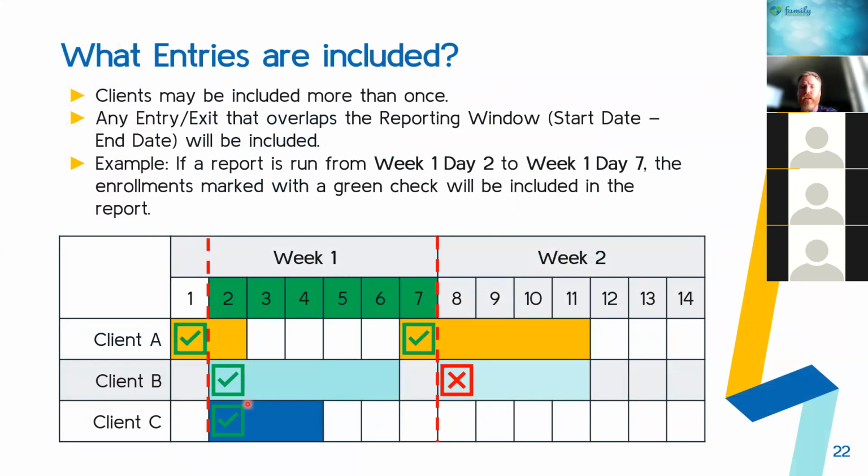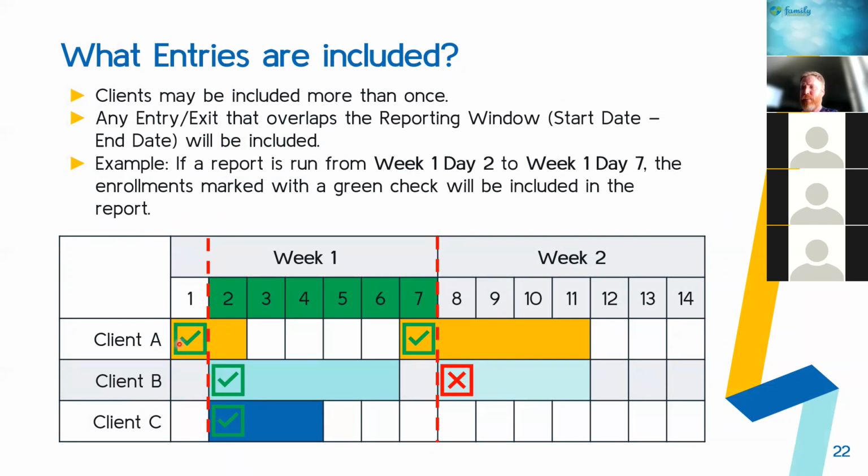Clients can be included more than once, and any entry exit that overlaps the reporting window is included. So in this case, if we have a reporting window from week 1, from day 2 to day 7, the only entry that is not included is client B's enrollment that starts on day 8. That's because it falls outside of the 2 to 7 day window.